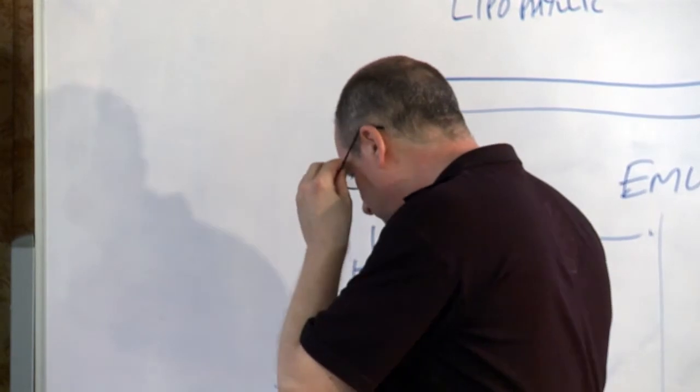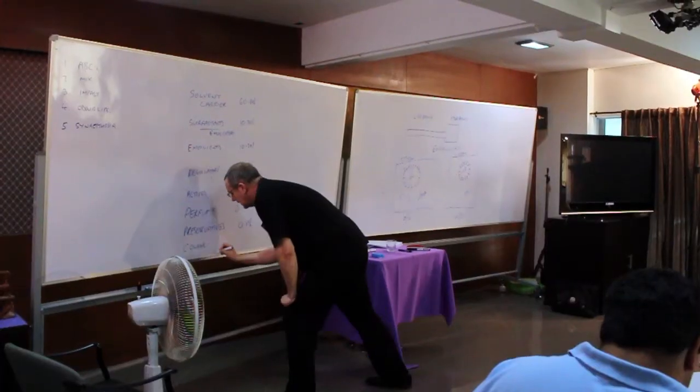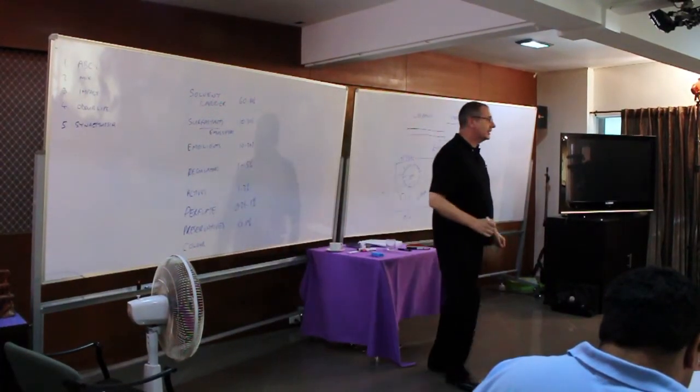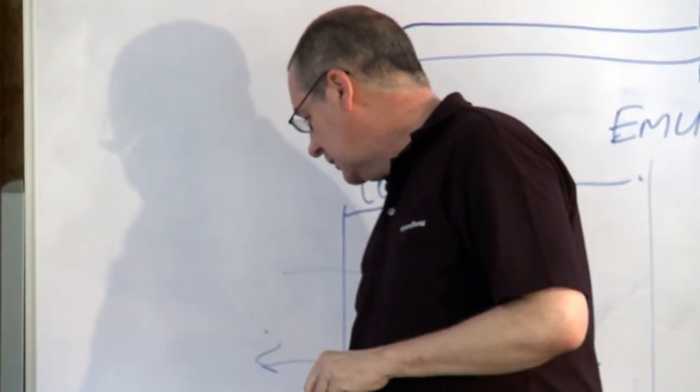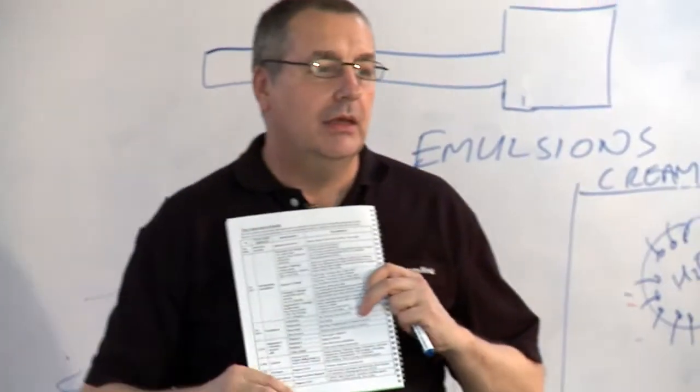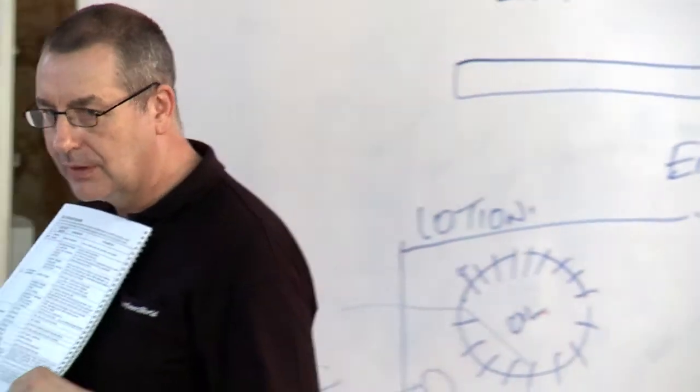And last but not least, colour. Colour will be there in trace amounts. So that's an introduction to the universal formula.